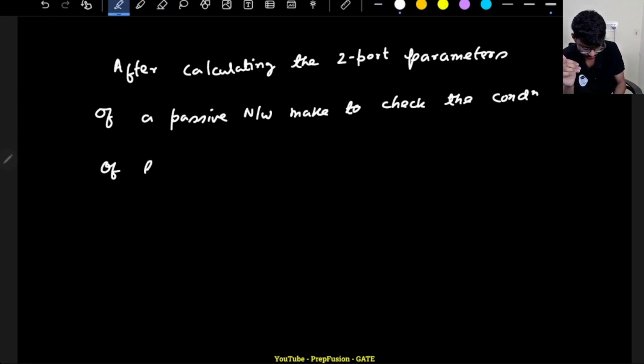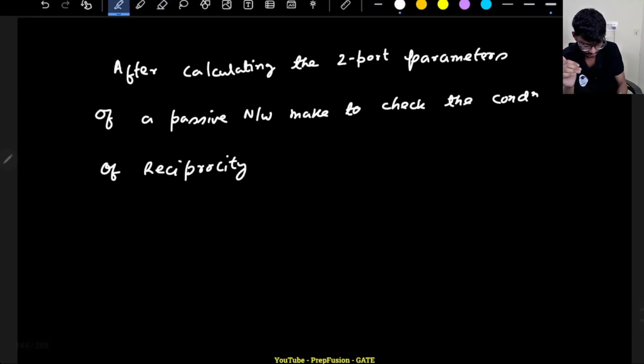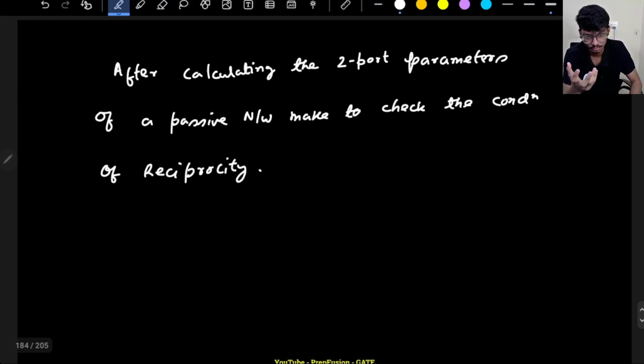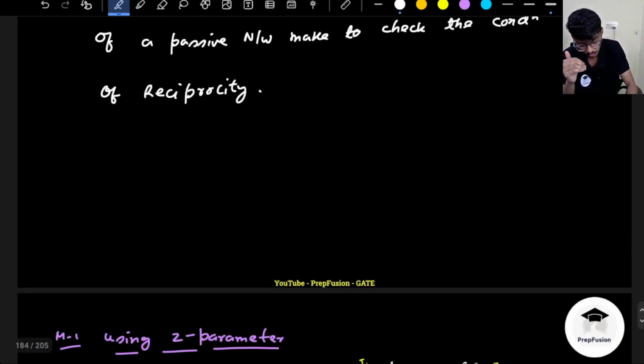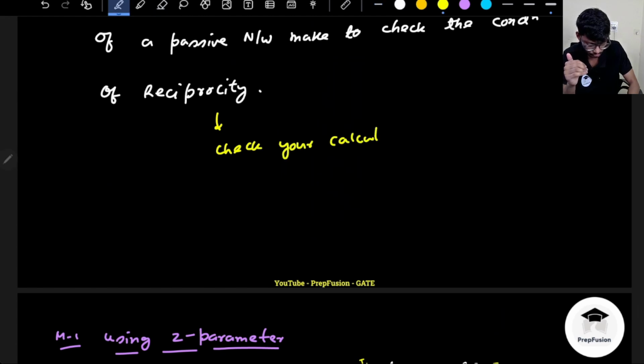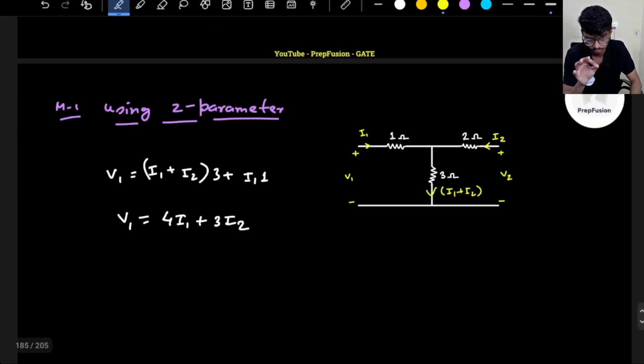Why? Because you might have done some mistake while calculating the parameters. So if your equations are actually satisfying the condition of reciprocity, then whatever you have calculated is actually correct. So that is a way to check your calculations, so that you have a bit of peace in your mind that whatever you have calculated is correct. That is the only thing that I wanted to say to you.